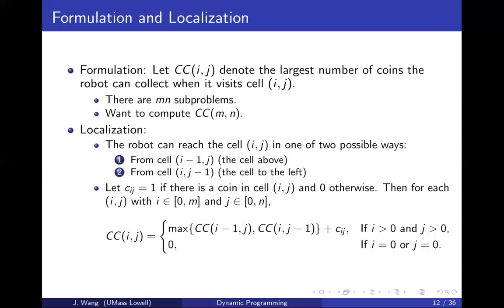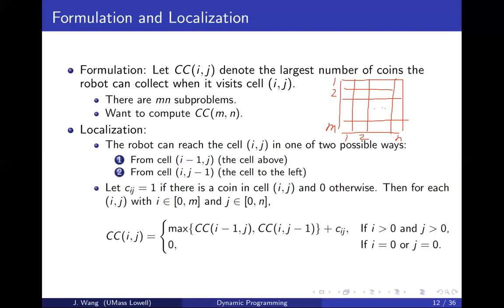Oh, by the way, maybe this will help you think. So I have a board, and on the row this is 1, 2, up to m, and on the column this is going to be 1, 2, up to n.